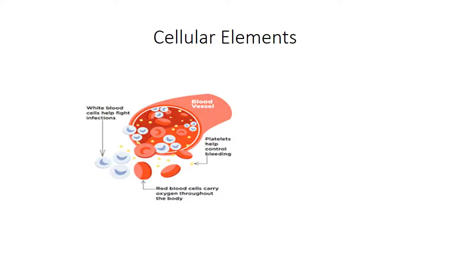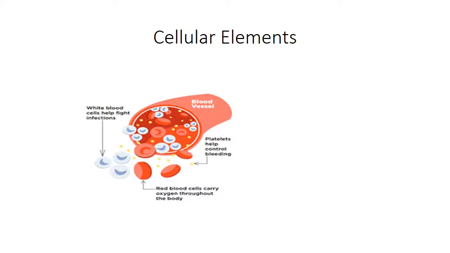Then white blood cells, they are shown as white cells with white cytoplasm and bluish nucleus. Their primary function is to help fight infections.